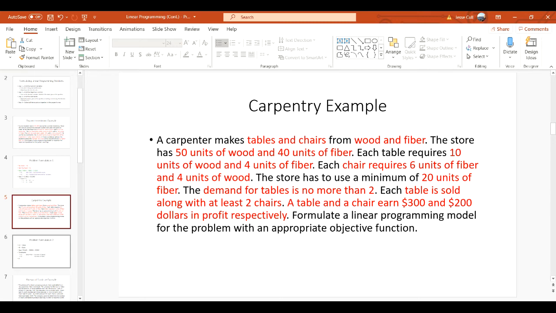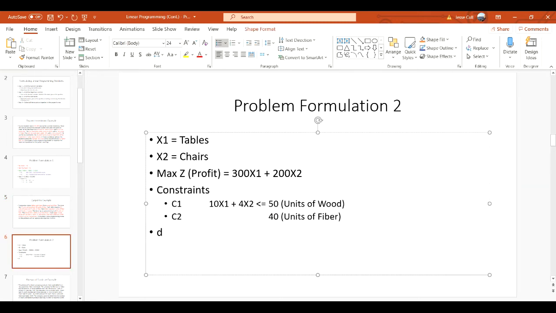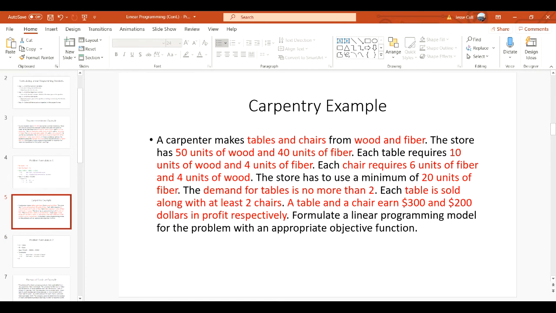So we come back here, and we go 4x1, which is 4 units of fiber per table, plus 6x2, which is, again, 6 units of fiber per chair, and it has to be less than or equal to 40 units of fiber. So what we're able to see is our first 2 constraints are right here.